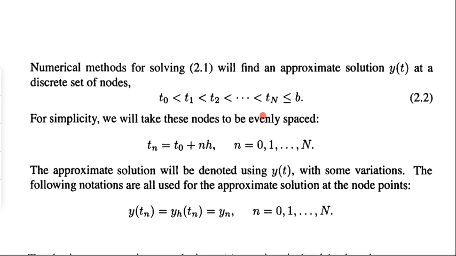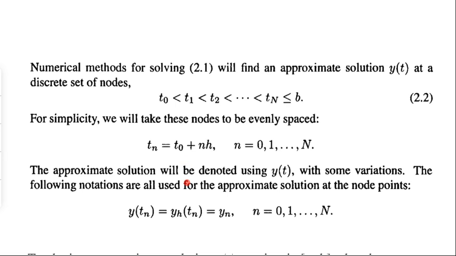For simplicity, we will choose this set of points equally spaced. In other words, here each discrete point tn will be defined based on this definition. So the spacing between these points will be equal.